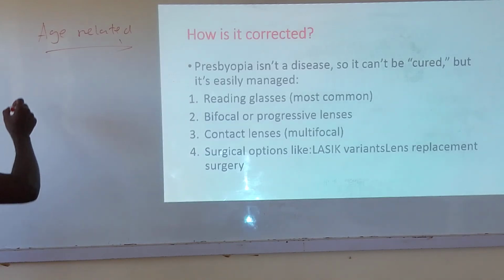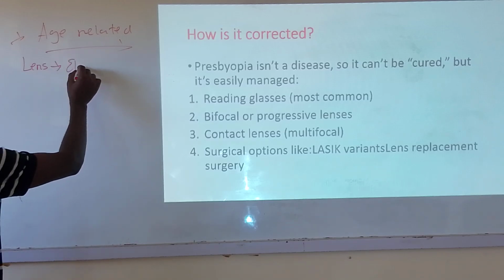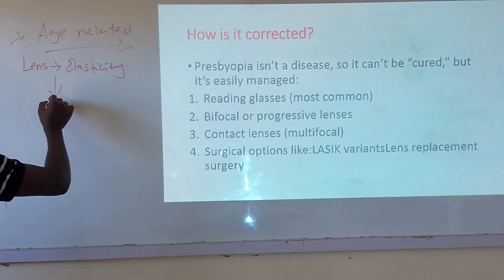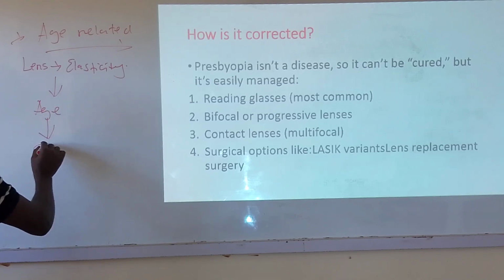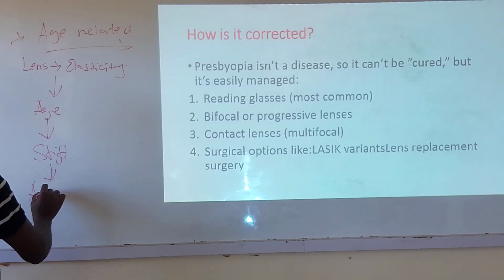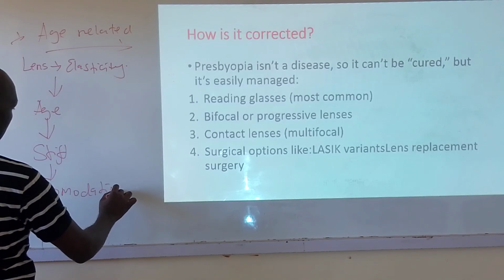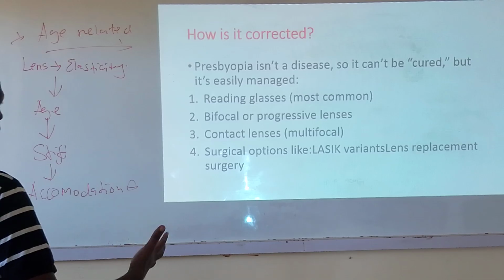Because remember, the lens have lost elasticity, and the reason is because of age. So the lens fibers become stiff, such that they cannot accommodate. They lose accommodation. And we say the accommodation in simple terms includes bending or changing the shape of the lens in relation to the distance of the object.